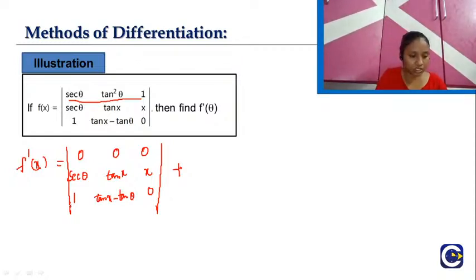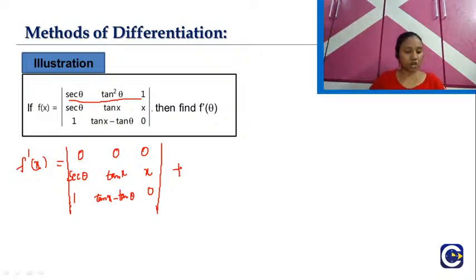Have you guys got it? The way of solving this question, or if you have any doubts in this. I guess I have clarified your doubt, Shyam.